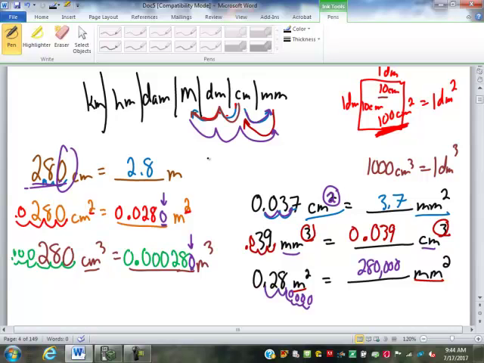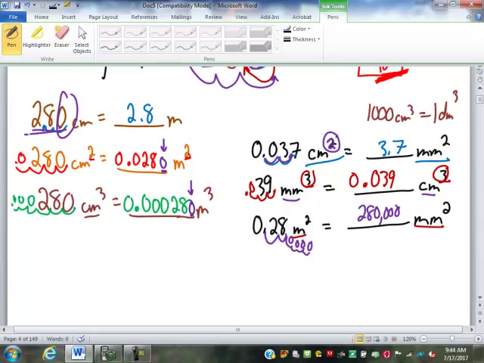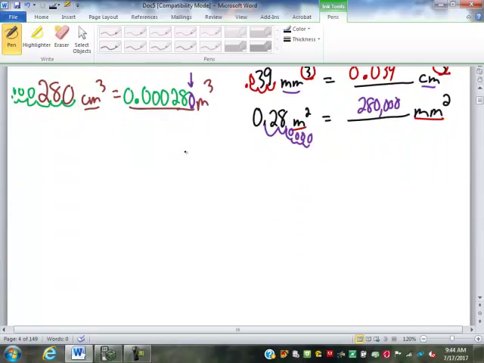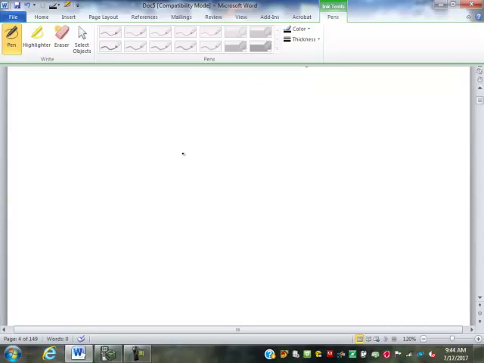The next one combines these conversions into bigger problems. For example, if I told you guys that I could throw a baseball 90 feet per second, would you believe me? 90 feet per second.